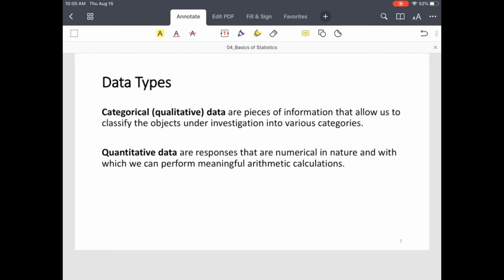Quantitative data are responses numerical in nature, and you can calculate it. So you can make some sort of calculation, average. You can find the difference or the range, but you can perform some kind of arithmetic calculation with quantitative data.